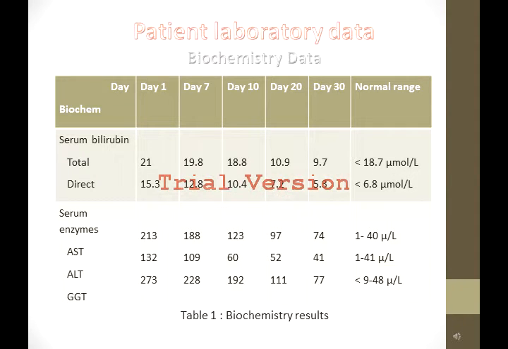We collect the biochemistry data and also the hematology test data. So here is table 1, the biochemistry results. You can see from the table, there is day 1 until day 30. So we compare the serum bilirubin, total and direct, and also the serum enzymes for the liver function test.